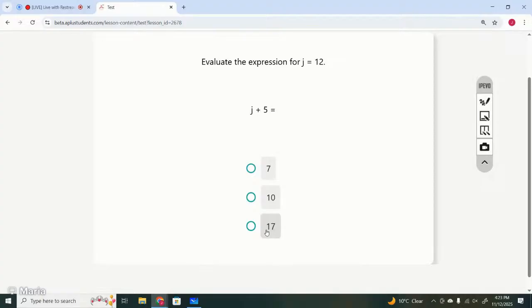So 12 plus 5 makes 17. The correct option is option number 3. 17 it is.